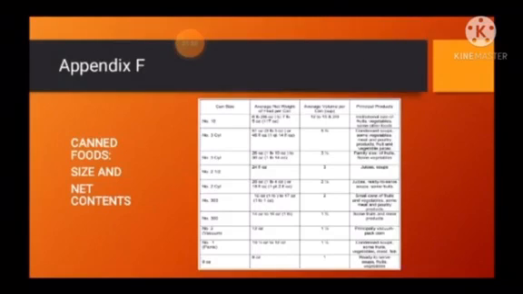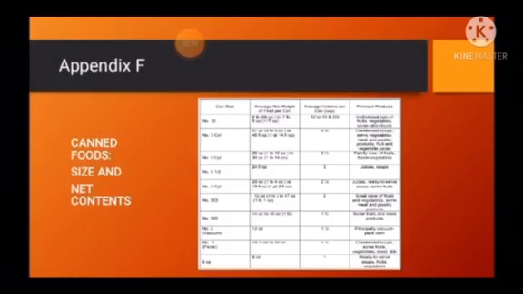Can size number 303: its average net weight of fluid per can is 16 ounces to 17 ounces. The average volume per can is 2 cups. Its principal product is small cans of fruit and vegetables and some meat and poultry products.